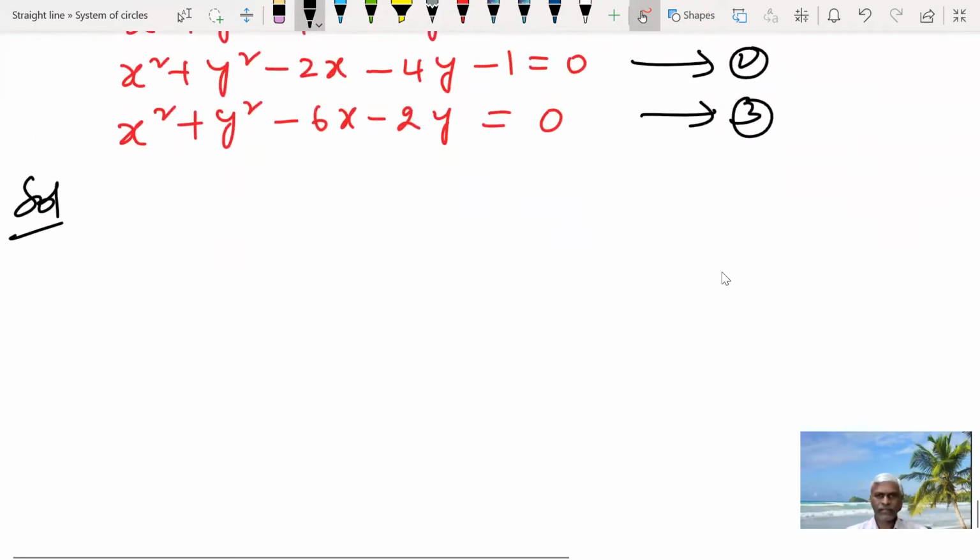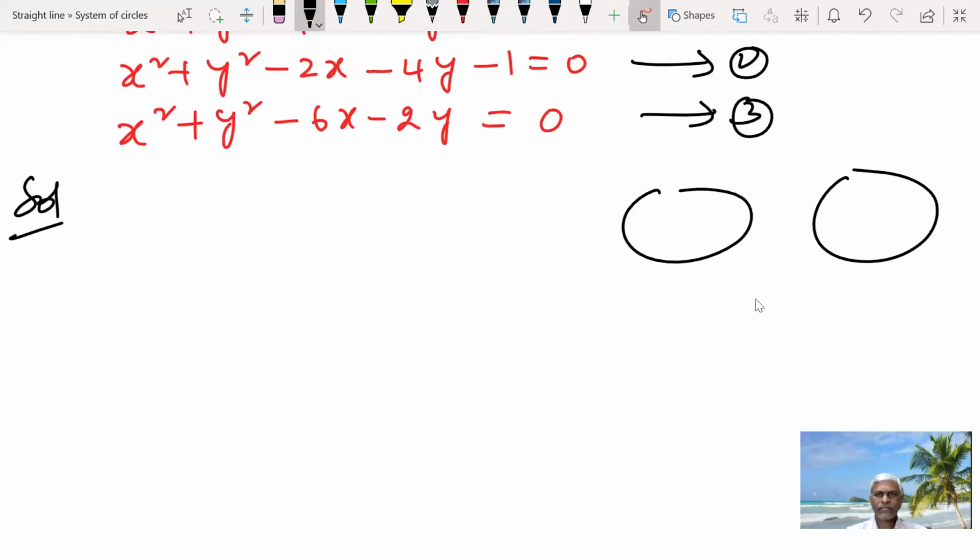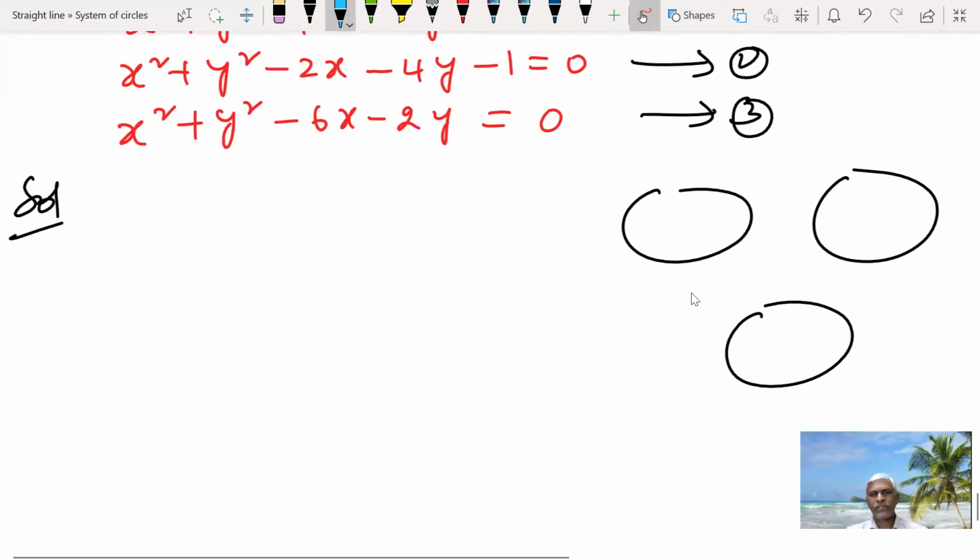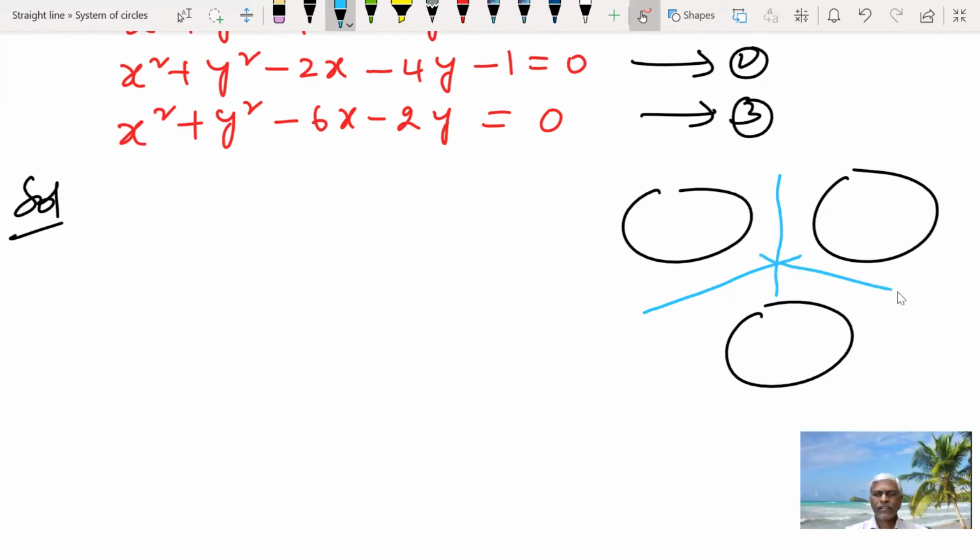radical center. If 3 circles, their centers are not collinear, then this is one radical axis, this is another radical axis. This is first circle, second and third.